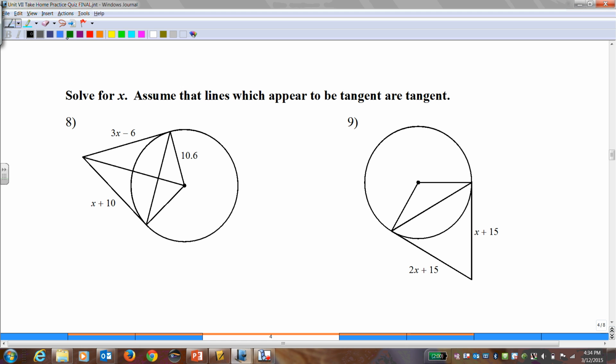Number 8 is based on the same concept that whenever you have tangents from the vertex to the point of tangency, those are going to be equal. In this case, we're being asked to solve for x.